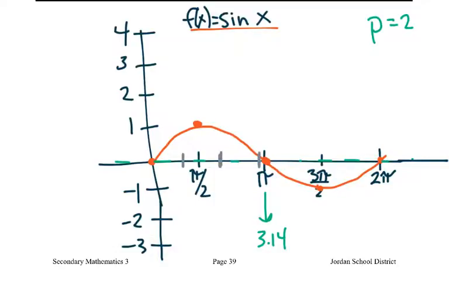So it would look kind of like this for 1, 2, and 3. So 2 is where my period ends. Now I didn't change my midline shift, so I'm not going up or down, so that's my end point. That's this point right here. And this is my beginning again.